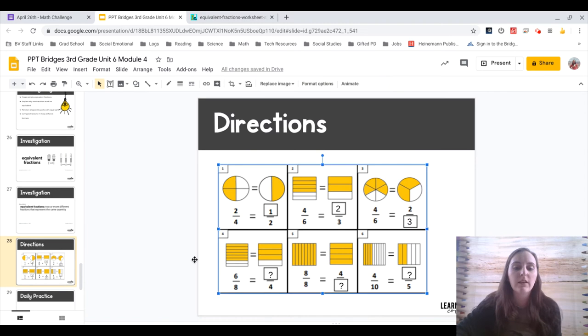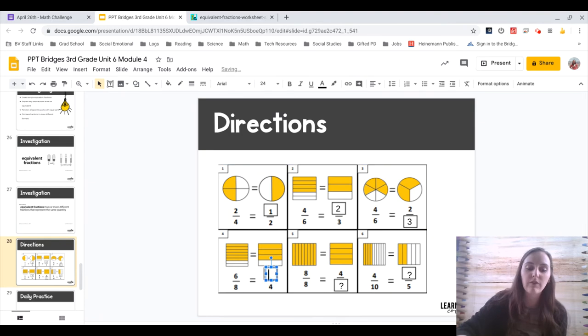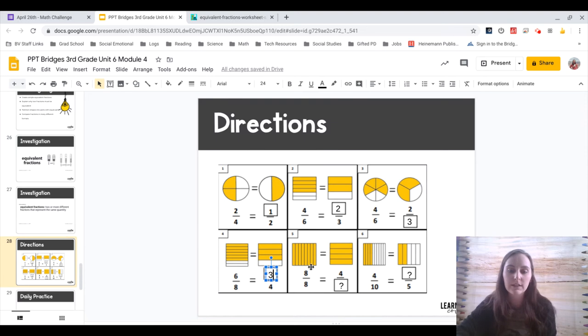Okay, this pan of brownies down here is split into 8 pieces, and it's showing me 6 of those 8 pieces. Now I can see the yellow amount is exactly the same in both of these. So even though this pan of brownies is split into 4, if I have 3 of those 4 pieces, it is the same amount. It's equivalent to 6/8.